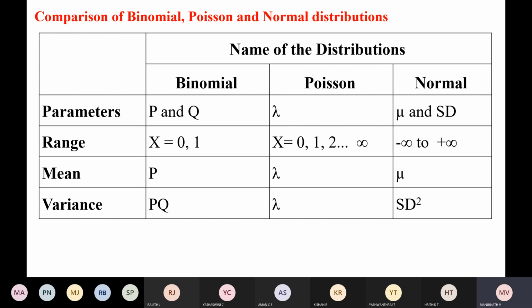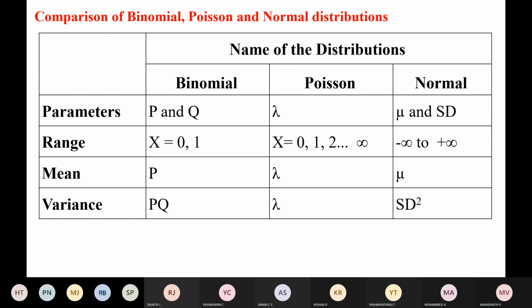Compare the 3 different distributions: parameters, range, mean, and variance. You just write this table, that is more than enough.